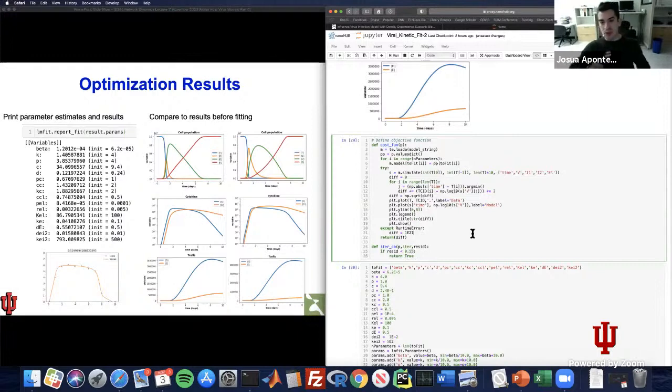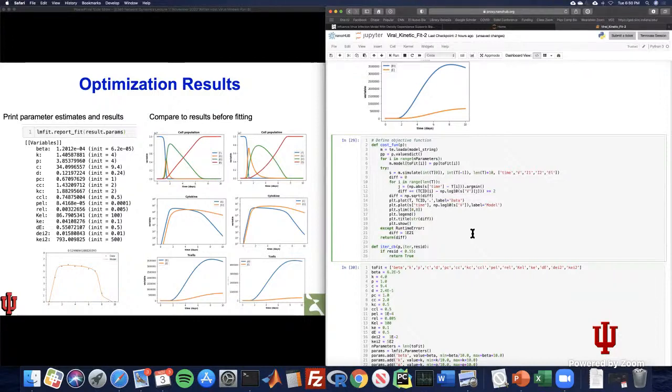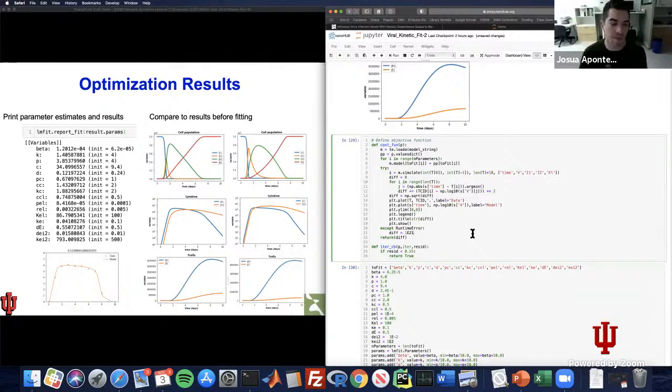Okay, so let's go back. What James was discussing before I had to leave was that when you look at the results of this model, even though we fit the viral load curve, when we look at the cell population for the particular parameter values that we chose, all of the cells are dead at the end of the simulation.